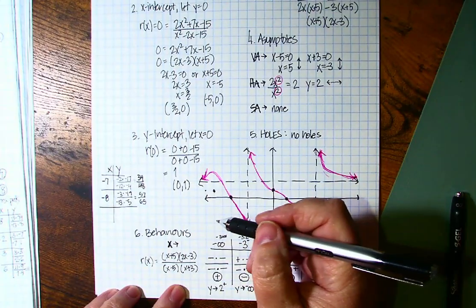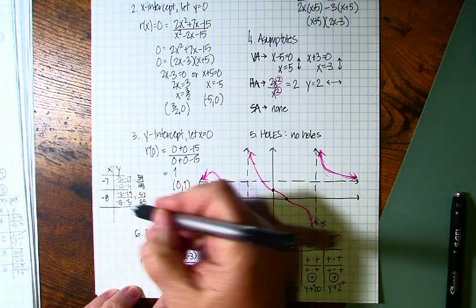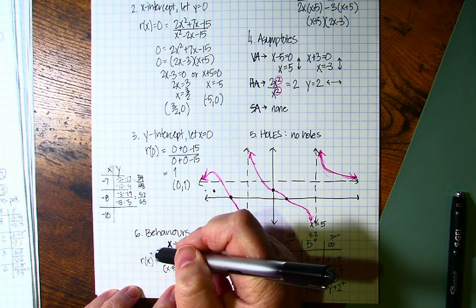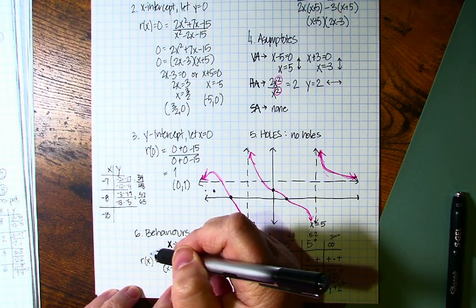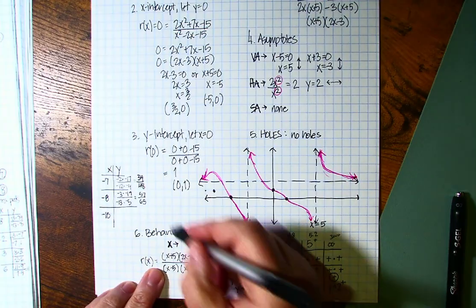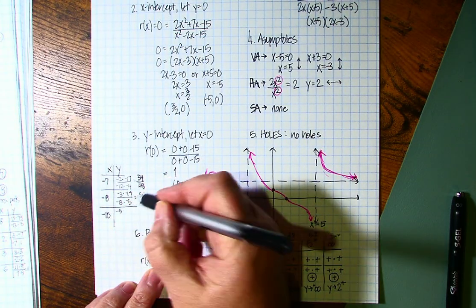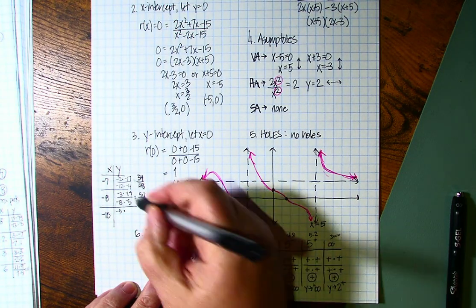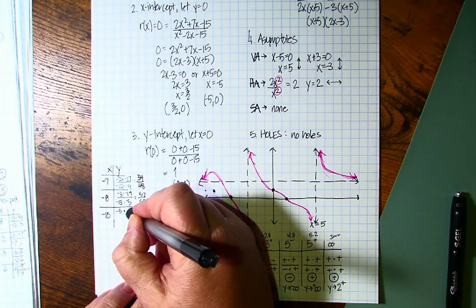Okay, let's see if we can't jump up a little higher here. I'm going to try a -10. All right, so if I try a -10, that's going to be a -5 times, that's going to be -20 minus 3 is a -23.